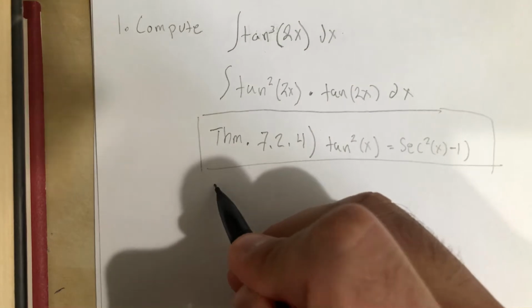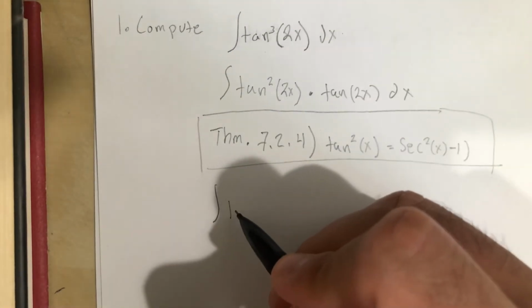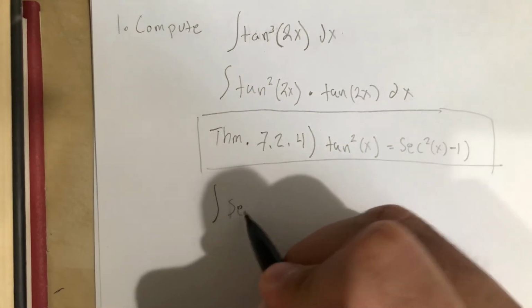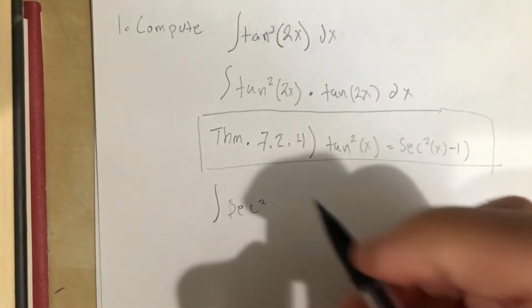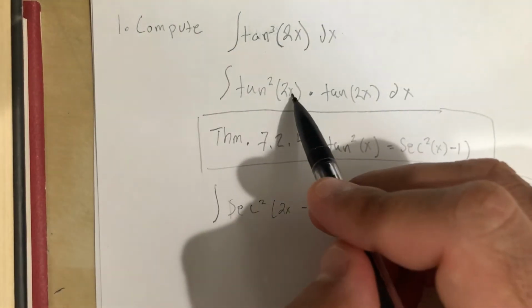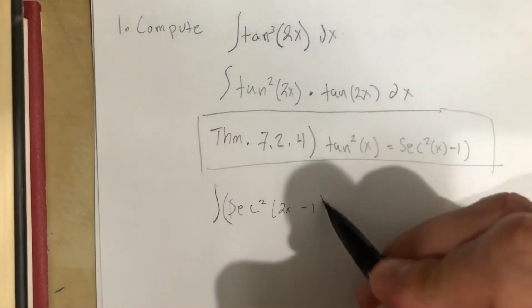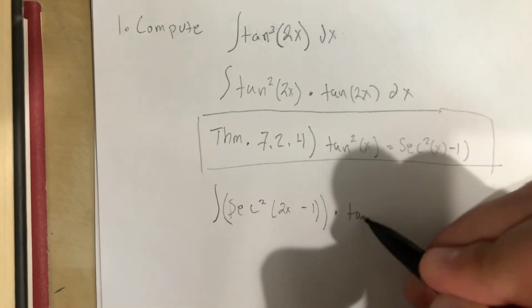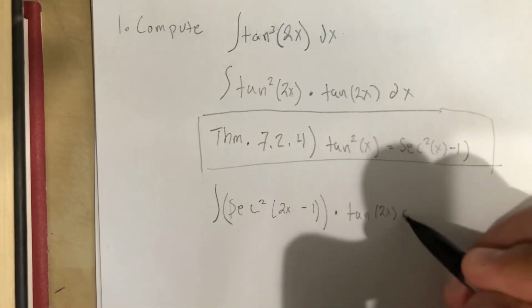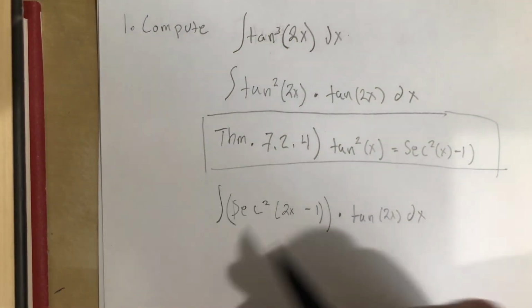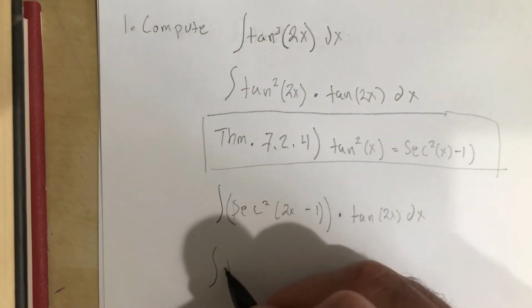So from here, we'll do secant squared of 2x minus 1, because you have to remember we have this 2x here, times tangent 2x dx.